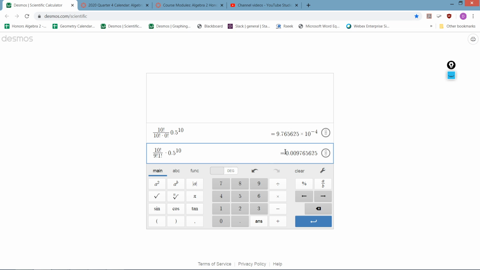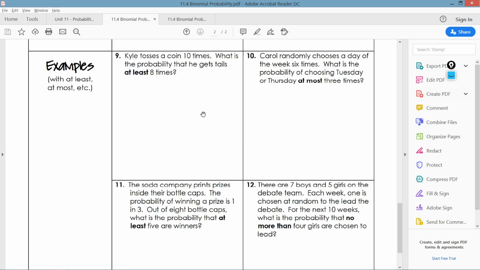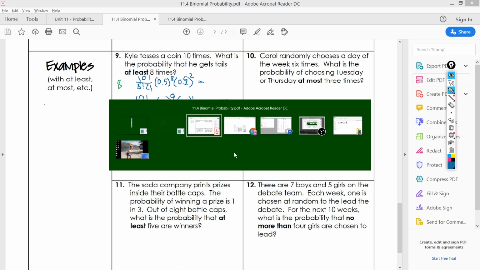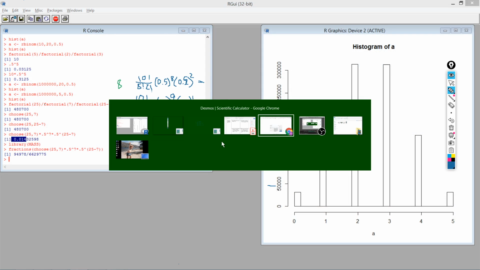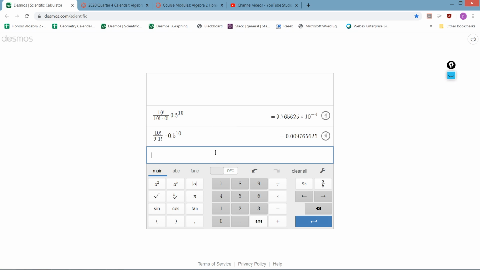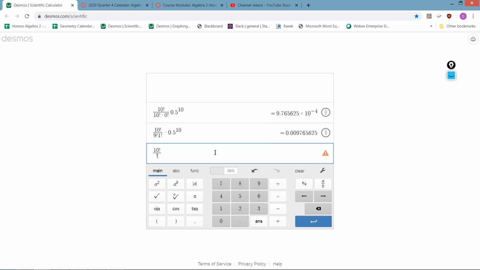And it's 0.009765, so we'll say 0.0097. What about 8? If I do 10 factorial divided by 8 factorial 2 factorial times 0.5 raised to the 10th, and it's 0.049.